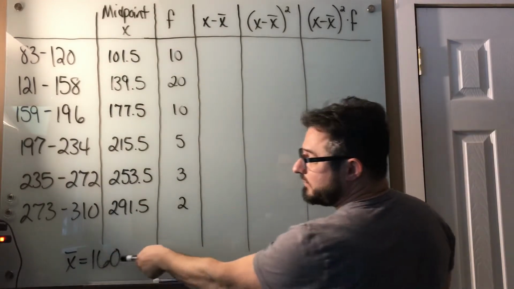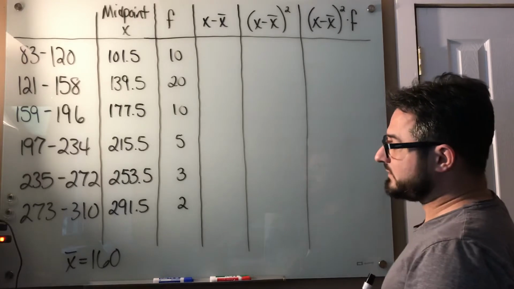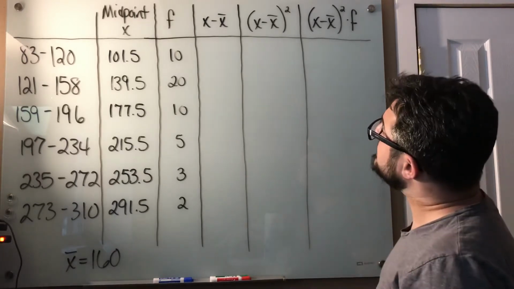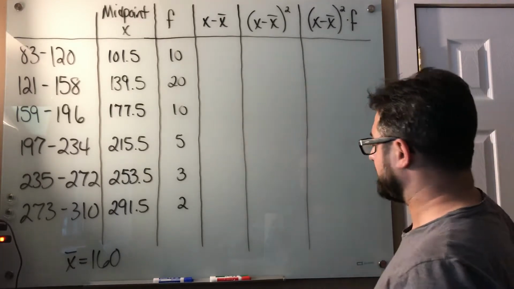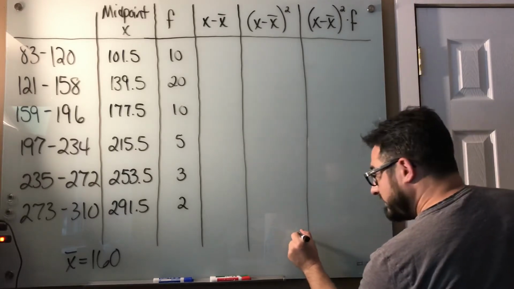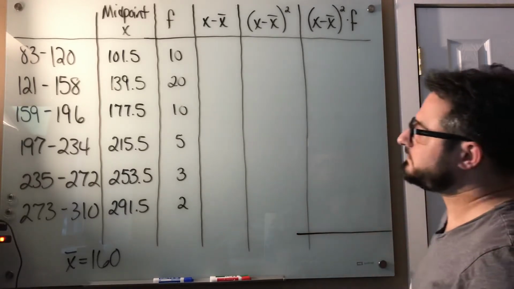We have the mean that we calculated in a prior video, and the frequencies, and those are the things we need to fill in these other three columns until we can ultimately get down to a total.